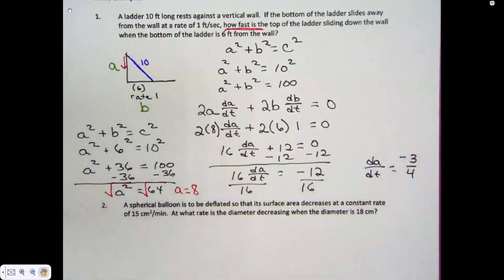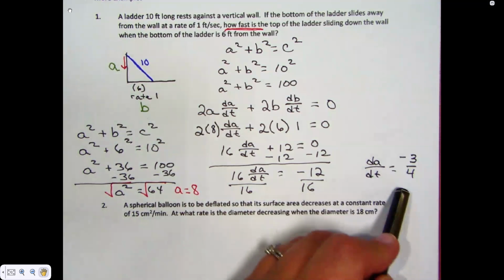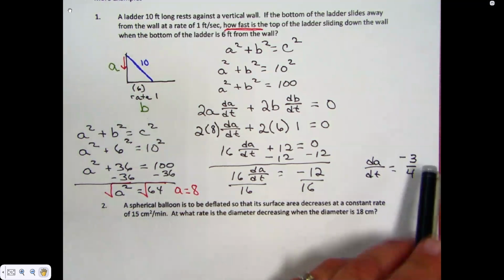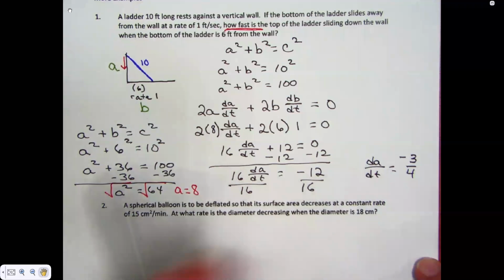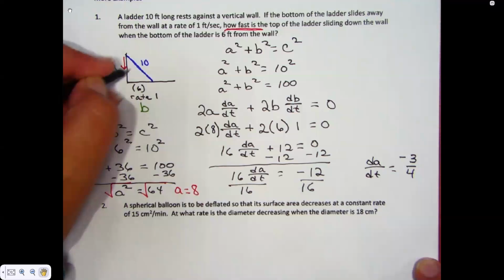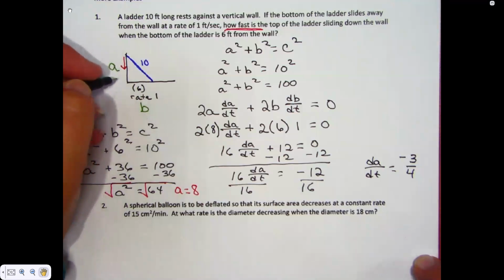The first 3 answers on your homework are negative. Is negative okay? Yeah, because remember, rate is really dealing with velocity, right? And so it is how fast. Does it make sense that the negative is just correlating with it going down?